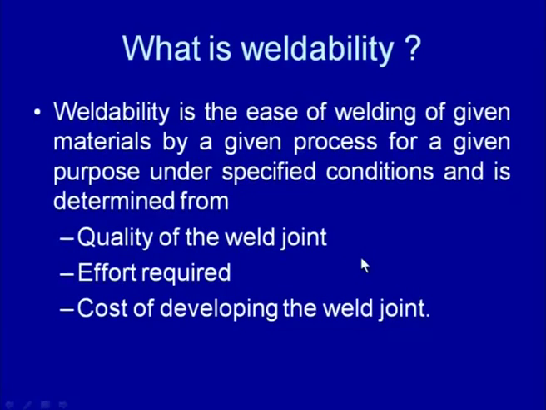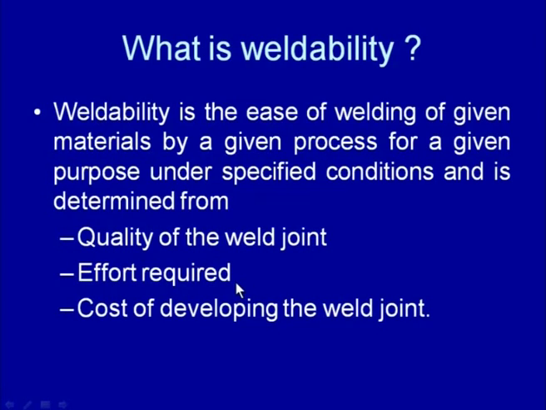So, when the welding is done under these specific conditions of the process, purpose, and fabrication conditions, then the weldability for a given material is determined on the basis of the quality of the weld which is being developed.